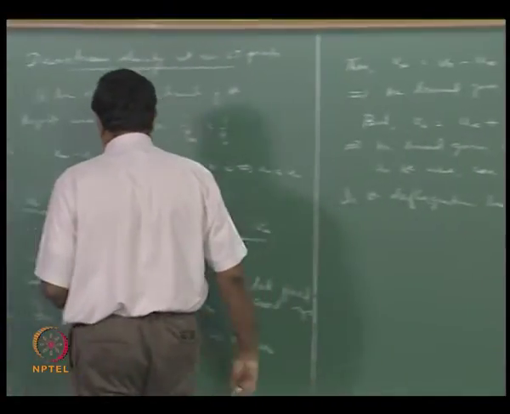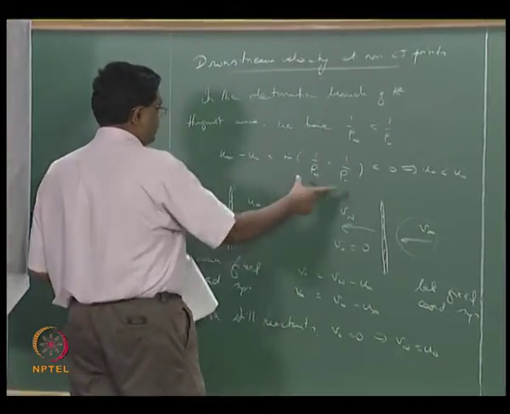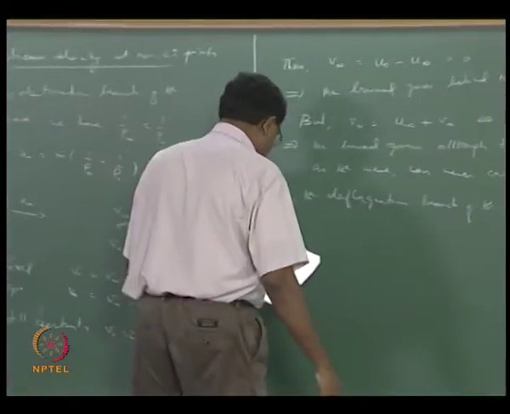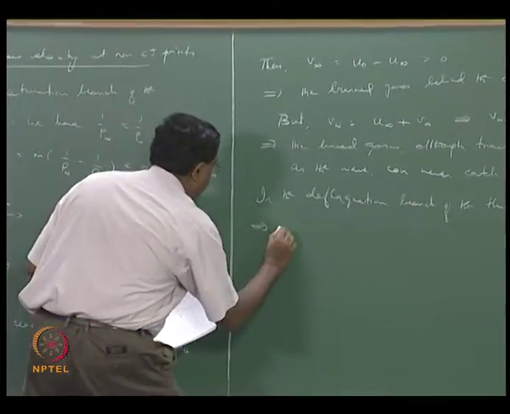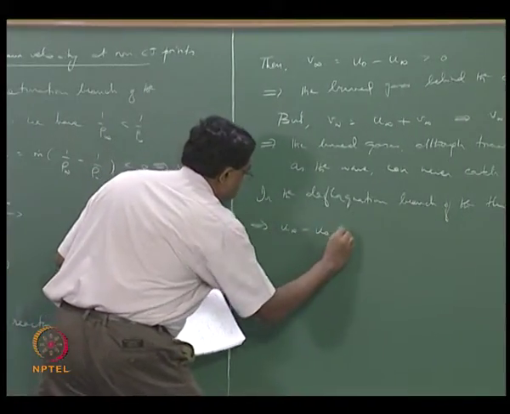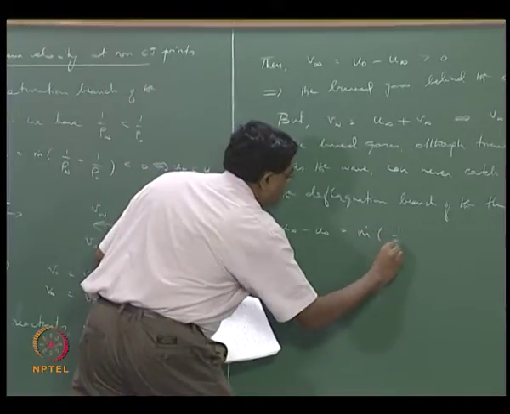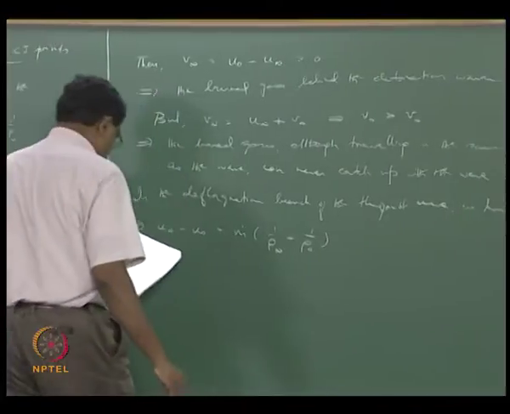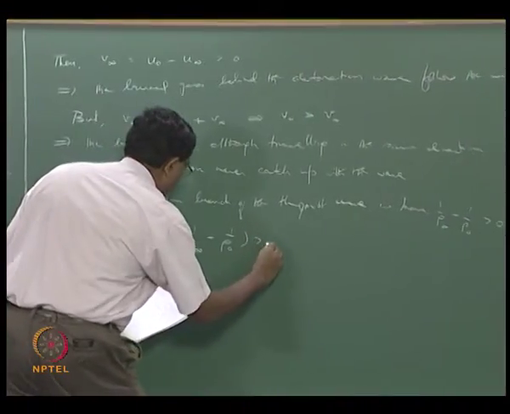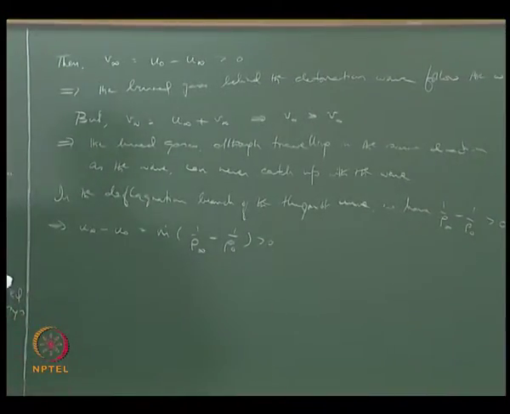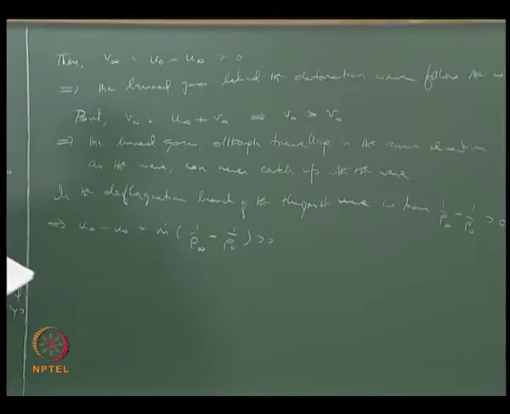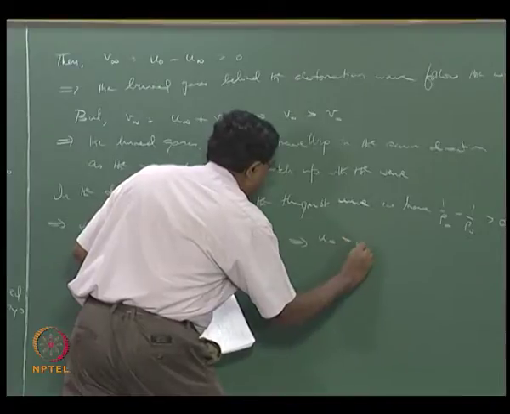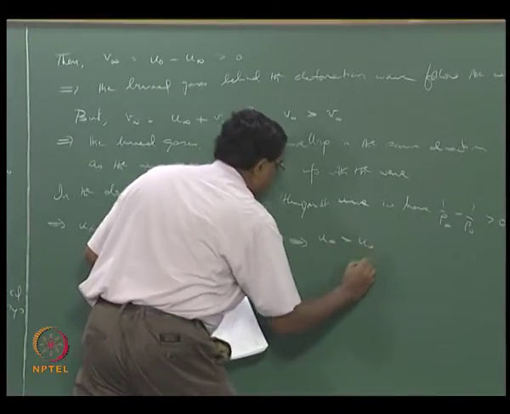Therefore if 1 over rho infinity minus 1 over rho naught is greater than 0, then u infinity minus u naught equals m dot times (1 over rho infinity minus 1 over rho naught), which is greater than 0. So u infinity is greater than u naught. That's no news.